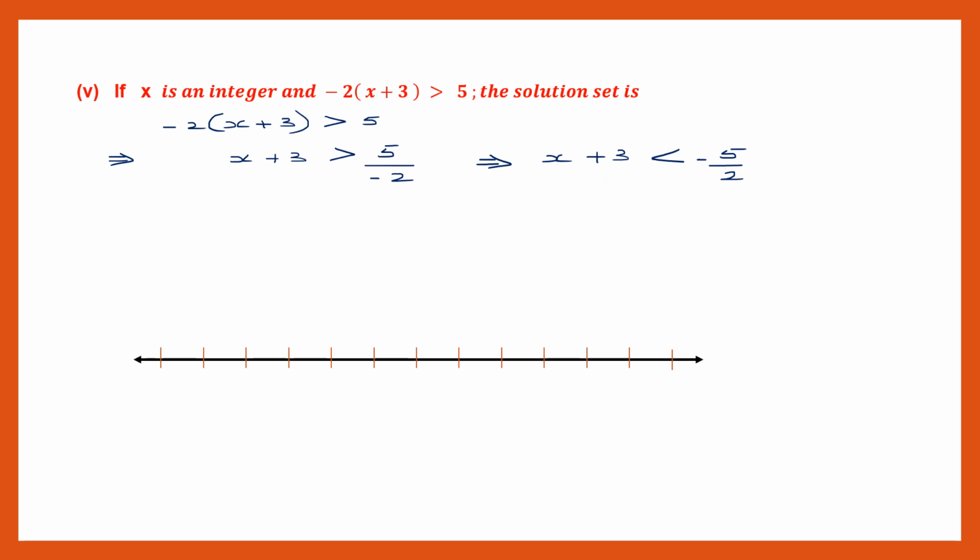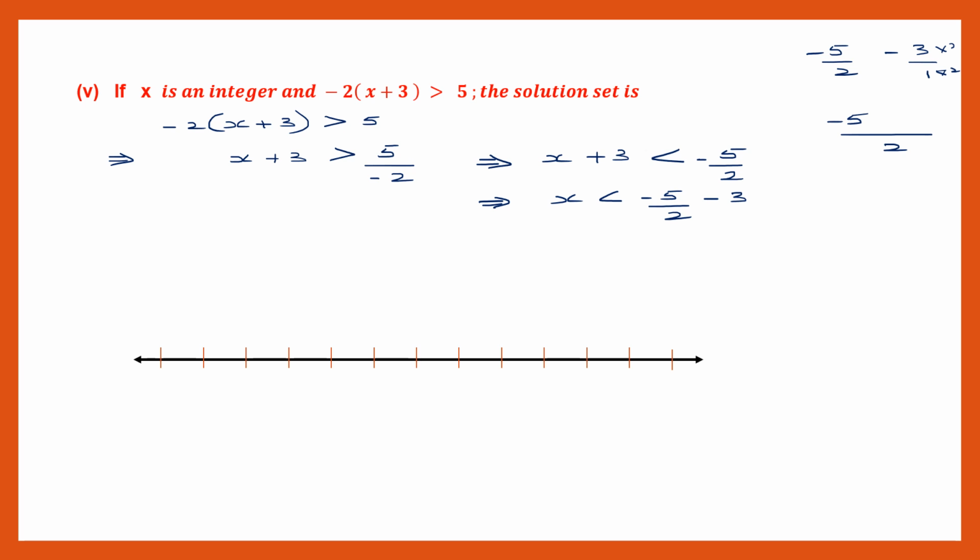Now let's solve this. So here this will be x is less than minus 5 by 2, and I've transposed this 3 to the other side, it becomes minus 3. Now here we have to simplify this. Minus 5 by 2 minus 3. So let's do that. Minus 5 by 2 minus 3 by 1. So here LCM will be 2. So here we have minus 5. Here 1 into 2.